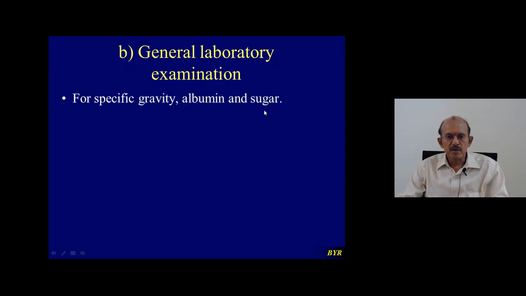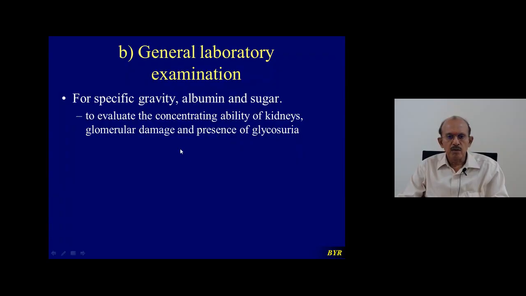General laboratory examination for specific gravity, albumin and sugar, to evaluate the concentrating ability of the kidneys, glomerular damage, and presence of glycosuria. I hope you all know about specific gravity. What is the normal specific gravity of urine?